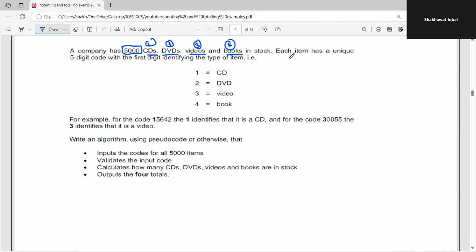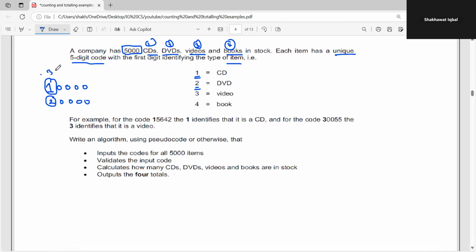Each item has a unique 5-digit code with the first digit identifying the type of the item. So for example, if the code is 10,000, if you see 1, it says CD. If the first digit is 2, right? So we have to focus on the first digit. Then it is a DVD.